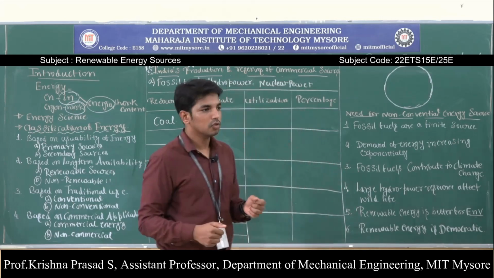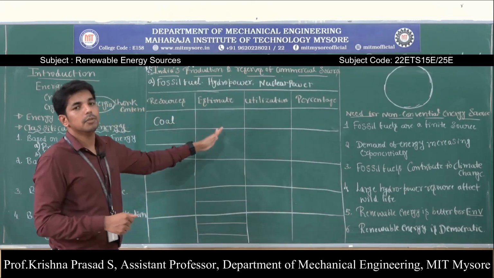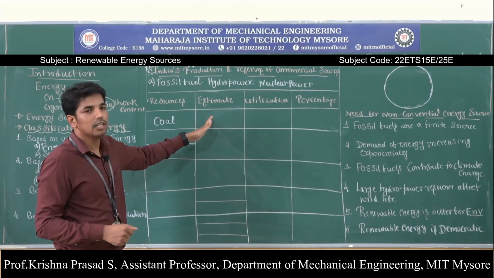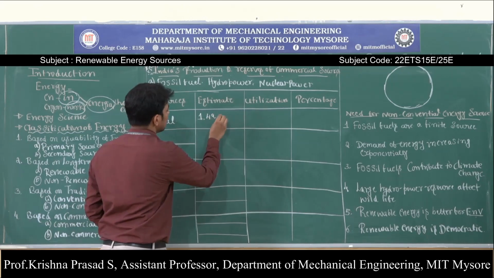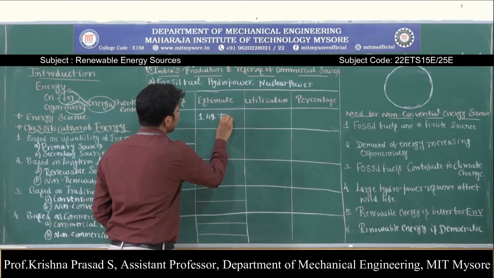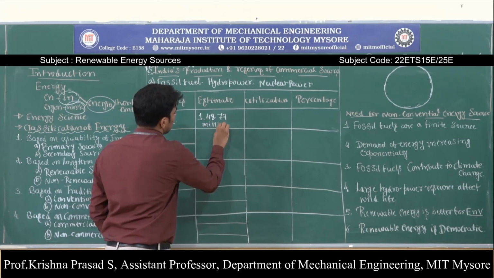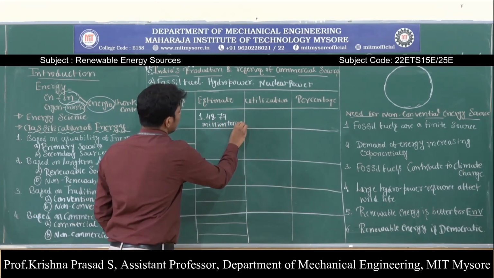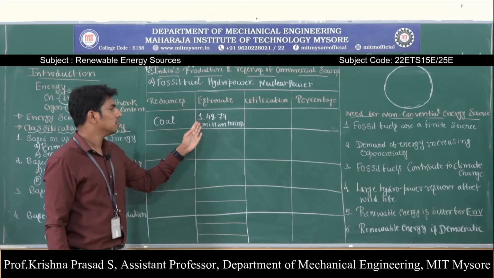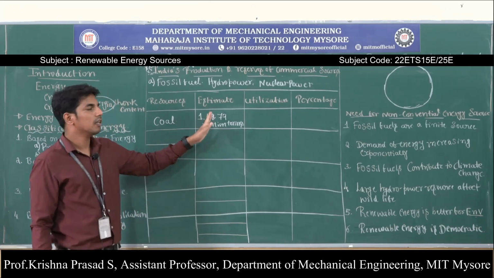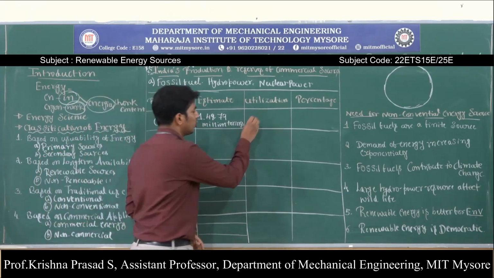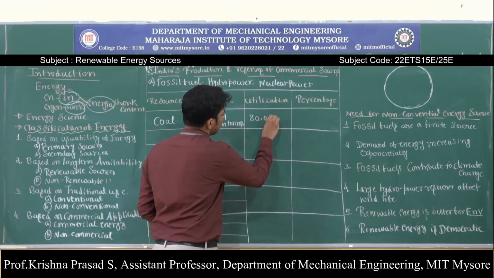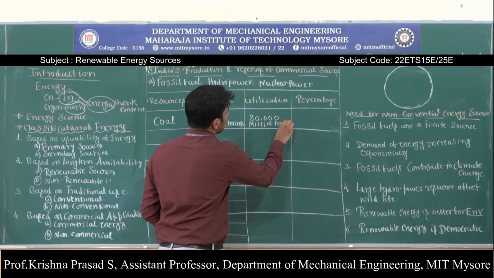Another very important point is the estimated recoverable resources available in India, which is around 1,48,079 million tons. But out of this, we are utilizing only 80,000 million tons.